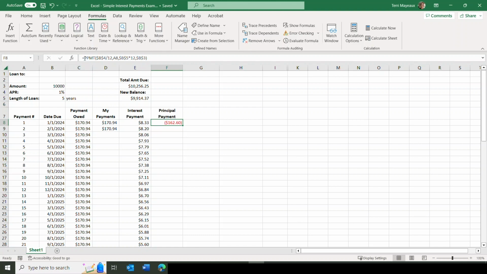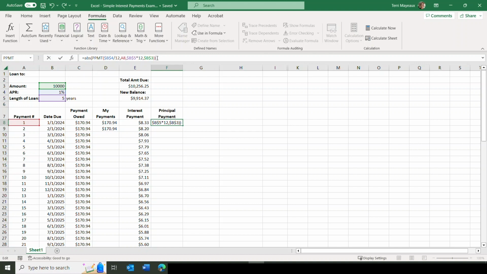And just as a reminder, I'm going to click between the equal sign and the PPMT, and I'm going to type ABS for absolute value and put in my left parenthesis that encloses the principal payment inside the absolute value function.